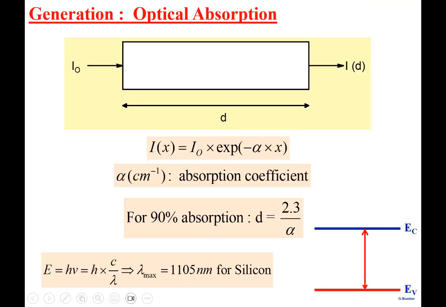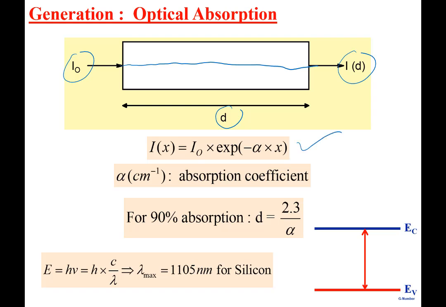All right, let's look at absorption in a little more detail. How do people characterize absorption? Let's say you have a piece of semiconductor, the incident light is I0, and it goes through a thickness D. Some light, especially if the material is not very thick, will come out at the other end.